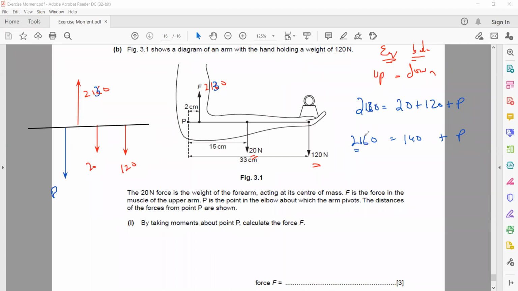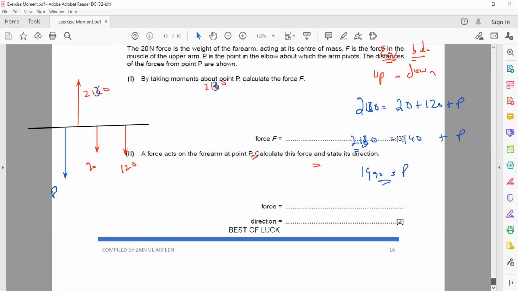So when I move 140 to the other side, 2130 minus 140 is 1990 Newton. They're asking which direction the pivot should apply a force to balance this arm. So the value of the force should be 1990 and the direction should be downward. Is it clear, this example? The direction of force exerted by the pivot to make the arm balance.